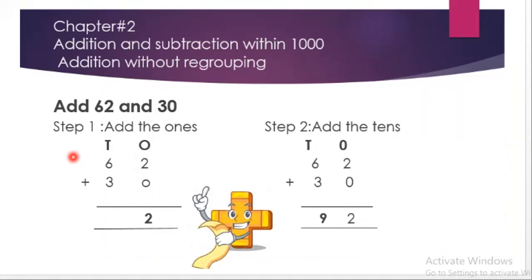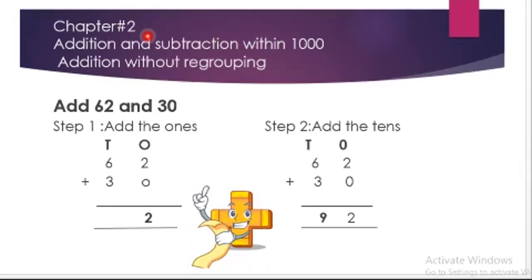Okay, first of all, today we are going to start our chapter number 2, and this is lecture number 6. The topic name is addition and subtraction. These names are very familiar to all of you.